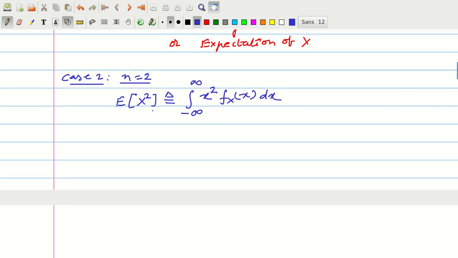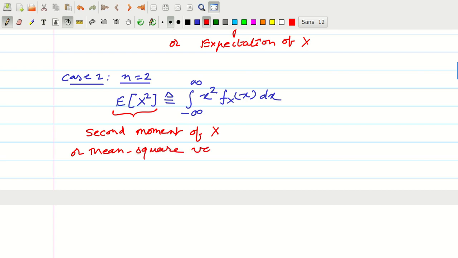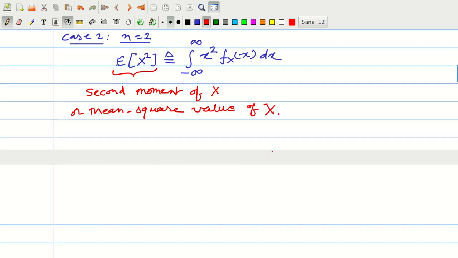This second moment of X denotes what we call the mean square value of X, the random variable X.